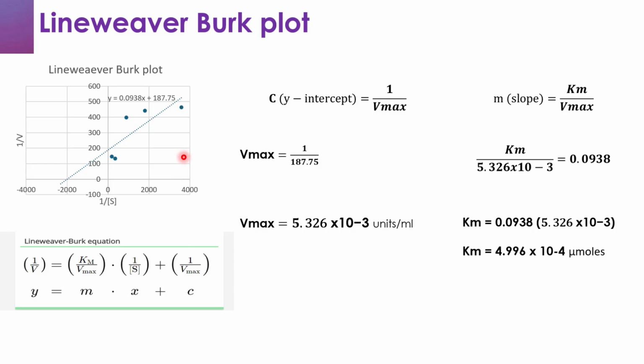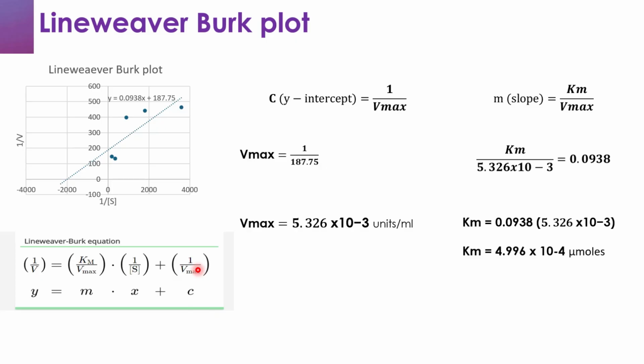If we equate the equation of the line to this equation, we can see that our y will be 1 over v, the slope will be Km over V maximum, and the intercept, which is 187.75, will be equal to 1 over V maximum.